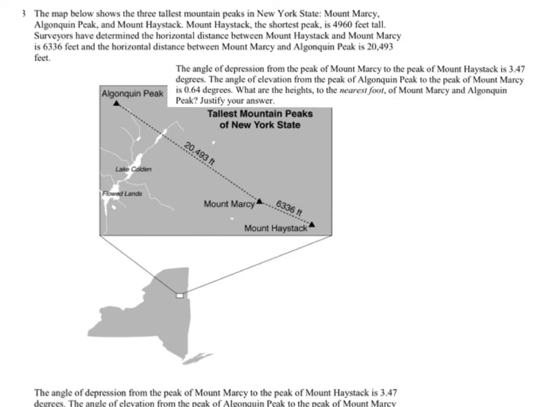Alright, so what makes this question complicated obviously is that there's no picture of any right triangle right off the bat, and it also has a lot of information in the question. Some of the question information is actually repeated down below here, but there are a few things in particular that are mentioned in the question above but are not mentioned in the map below.